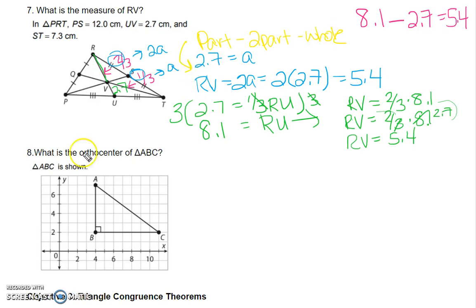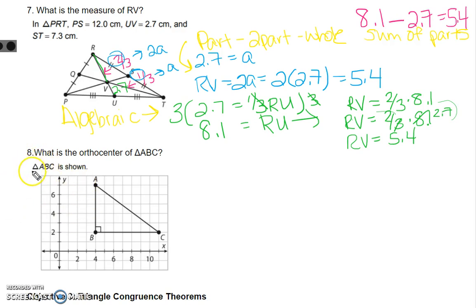That's one perspective. We can do it algebraically. And then we can do the sum of the parts. So we have multiple options to find our answer with this problem.